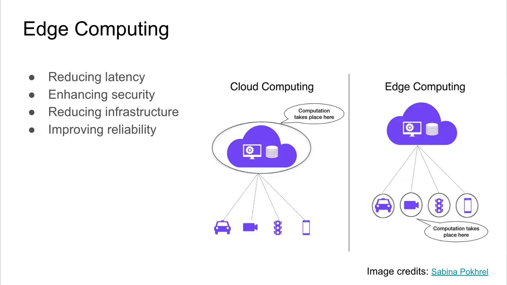Yeah. So let's now talk about edge computing. Edge computing refers to computations that take place at the edge of the internet. As opposed to cloud computing, where computation happens in a centralized location in some servers, edge computing typically executes close to your application itself, that's close to your data source.